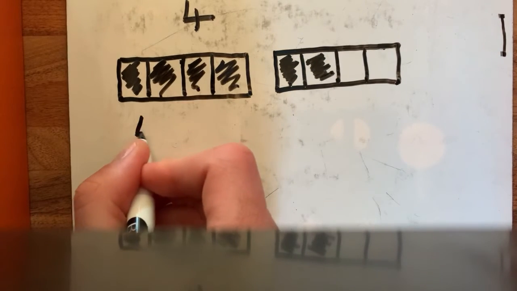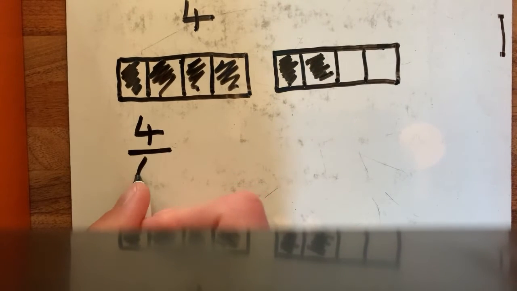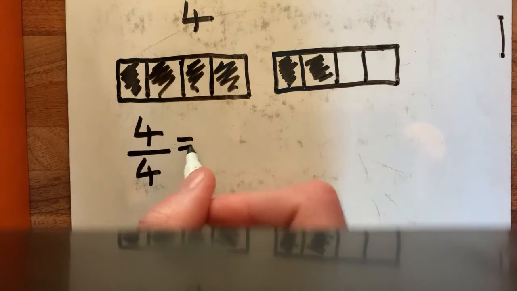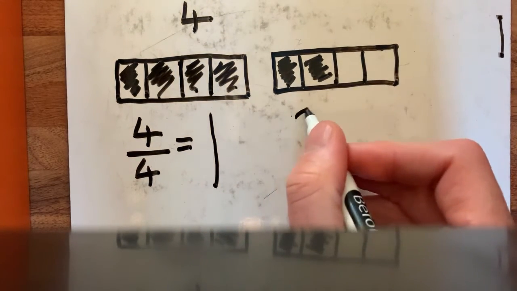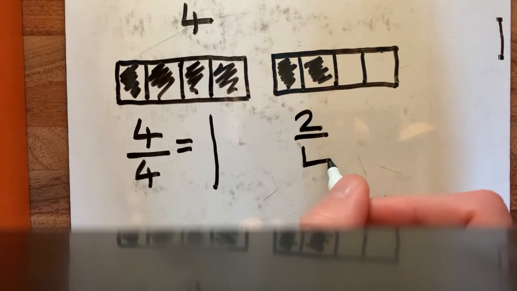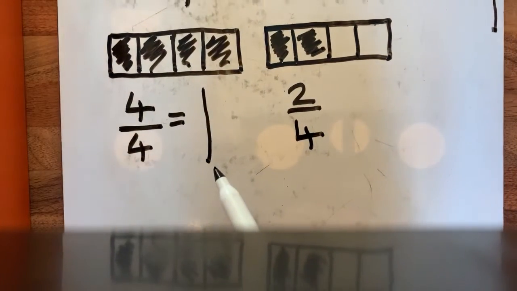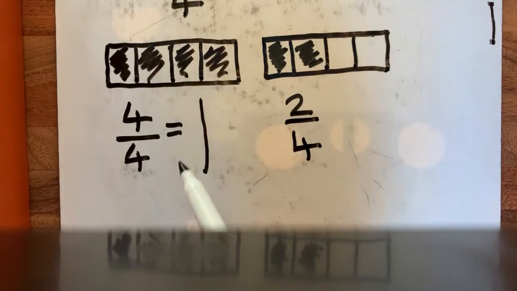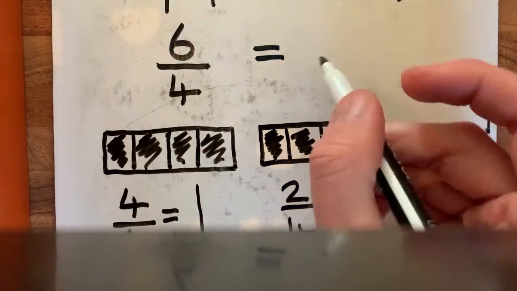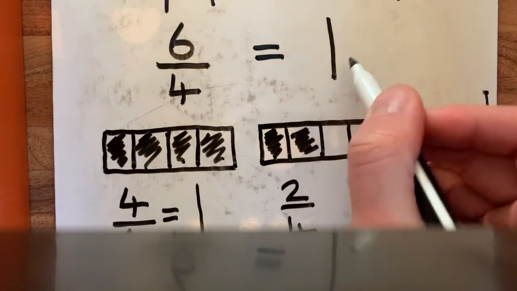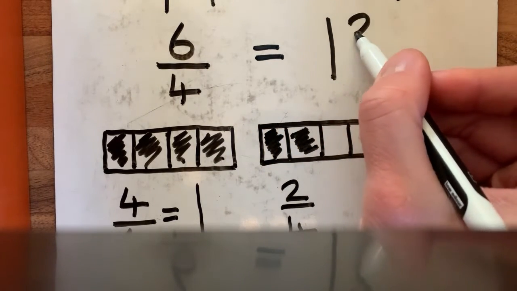So we've got 4 parts of 4, which is also equal to or equivalent to 1 whole. And then over here, we've got 1, 2 parts of 4 left over. Okay, so we've got our mixed number there. We've got 1 whole and 2 quarters. Okay, so 6 quarters is equivalent to, as a mixed number, 1 whole and 2 quarters.